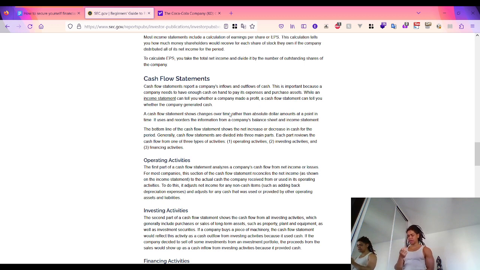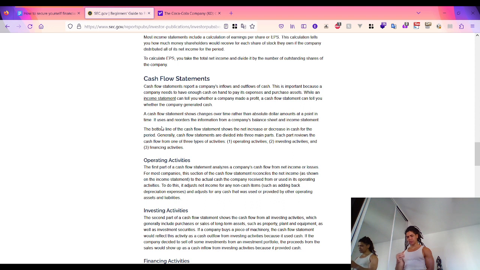And a cash flow statement shows change over time, rather than the absolute dollar amount at a point in time.